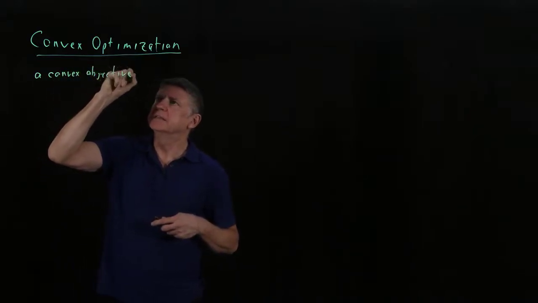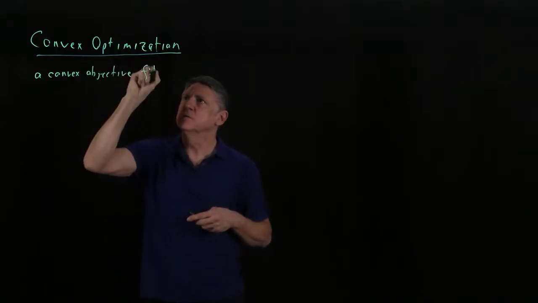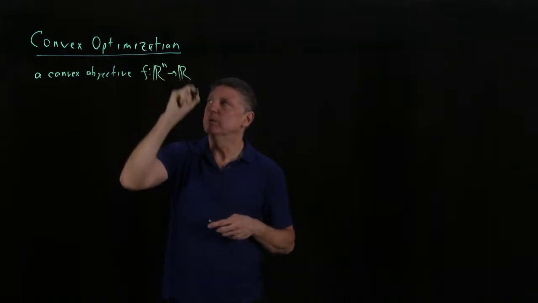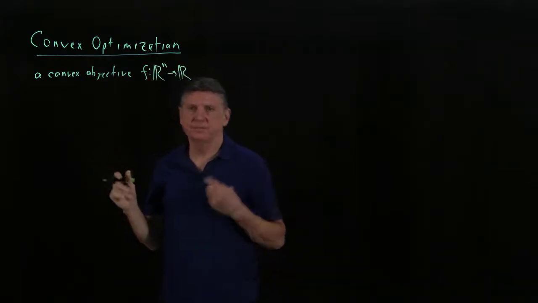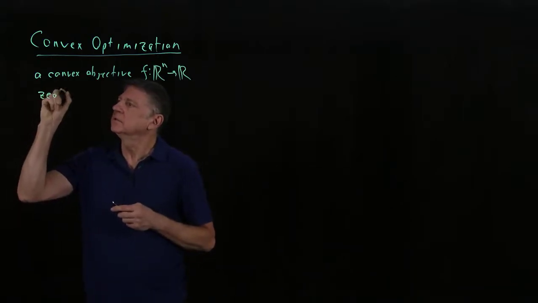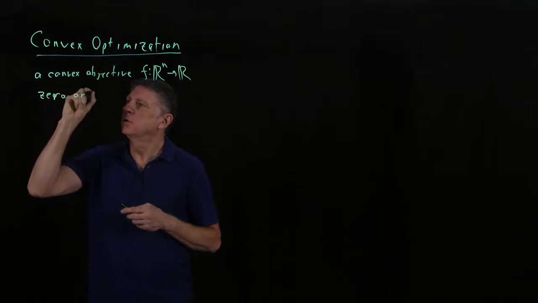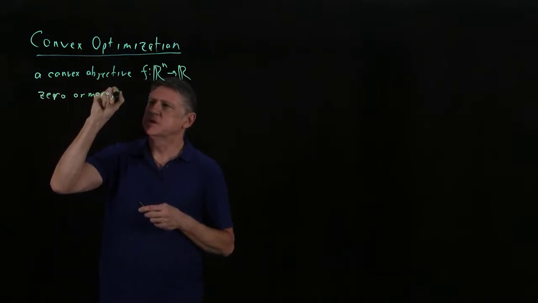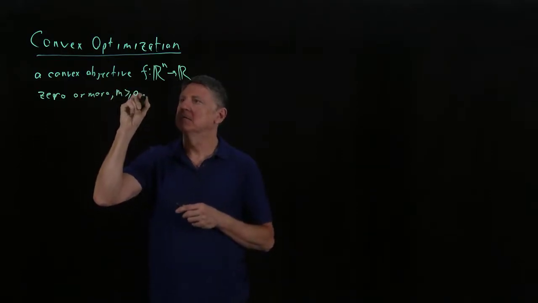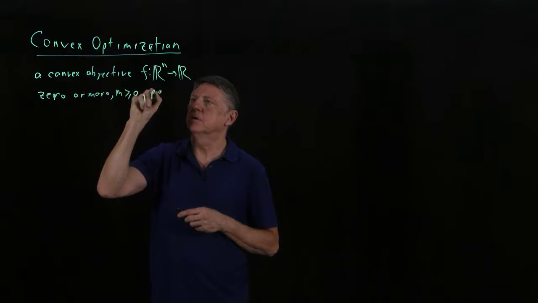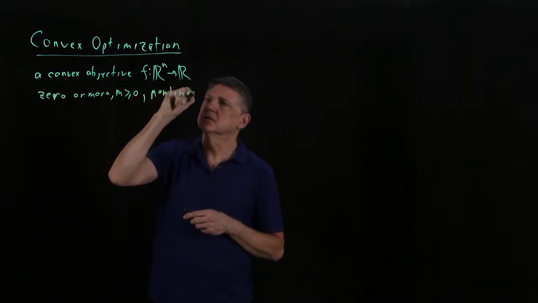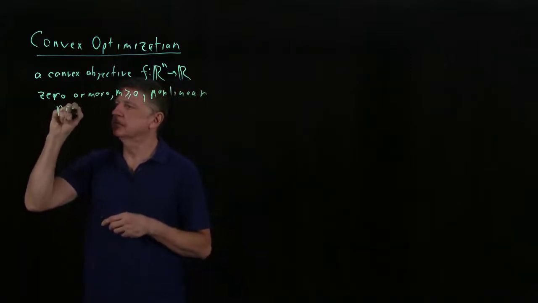And that is its objective, which is a function that has a vector argument and produces a real value, has to be convex. And it has zero or more, which is to say some number M of definitely nonlinear properties.